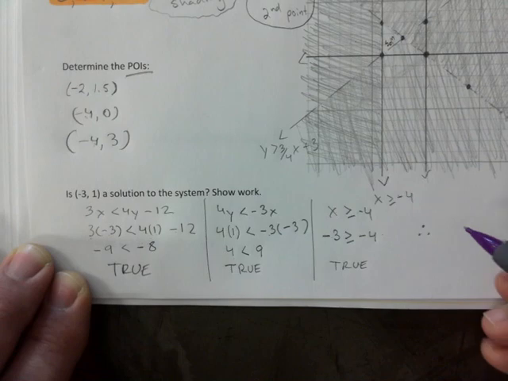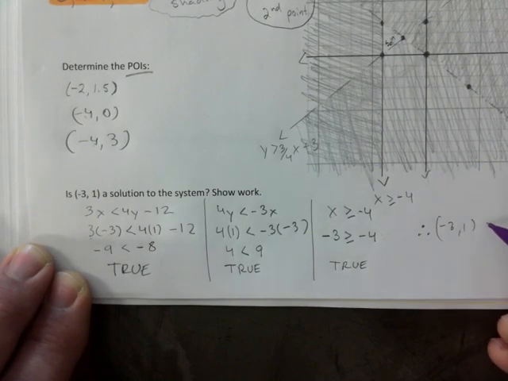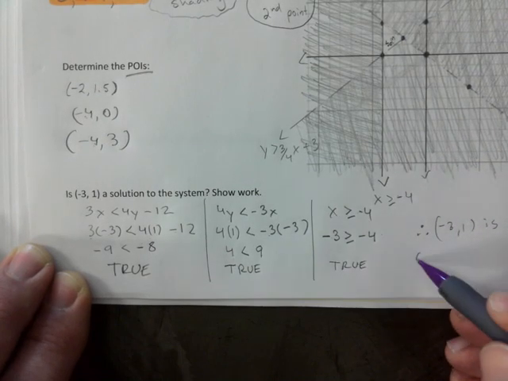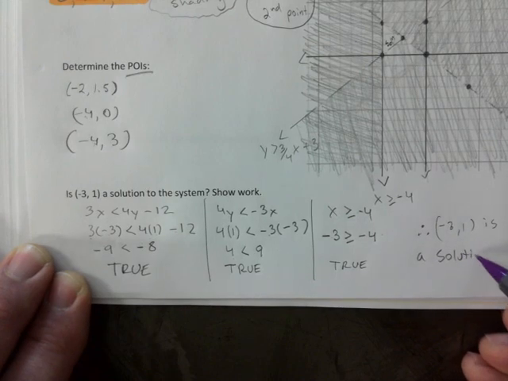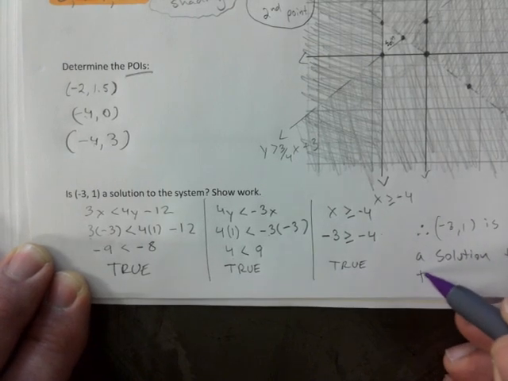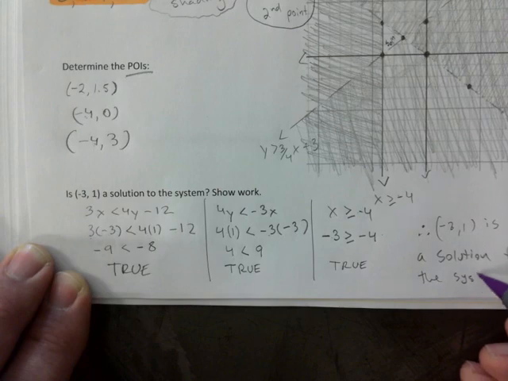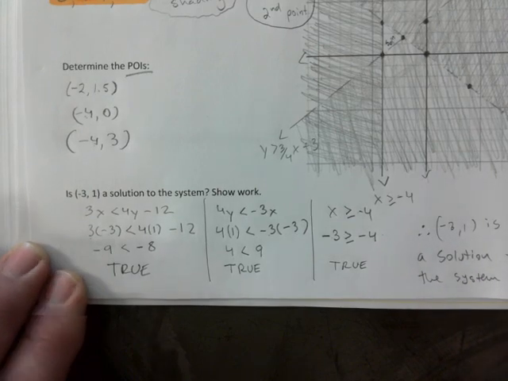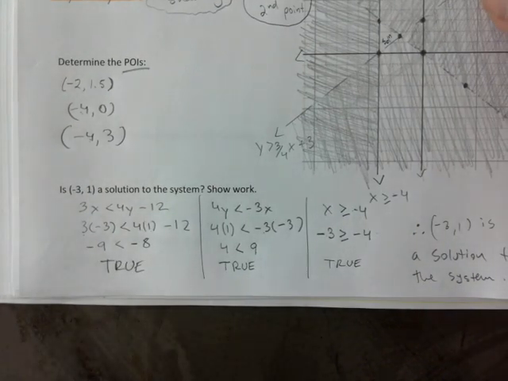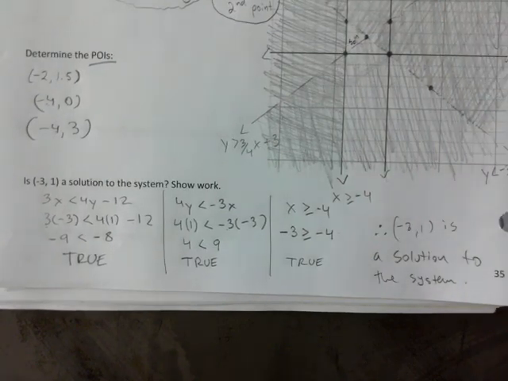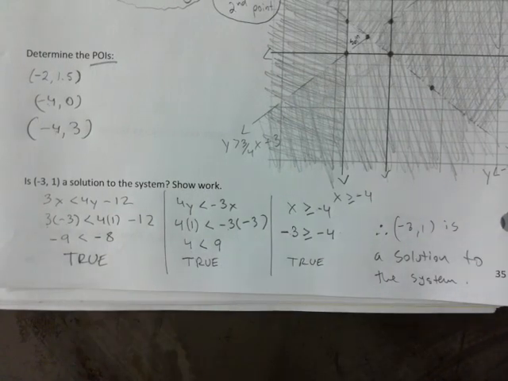Therefore, -3,1 is a solution to the system. If even one of them had failed, had been false, you can actually stop. Don't keep checking because it's not it anymore. It has to be true for all 3 of them.